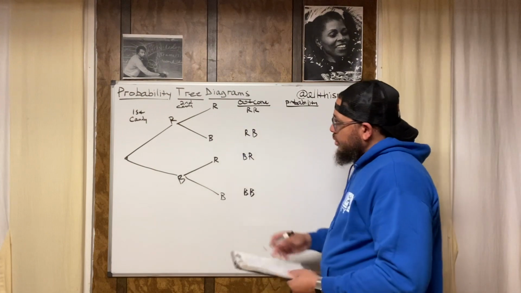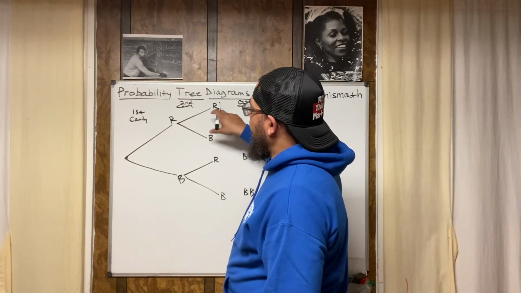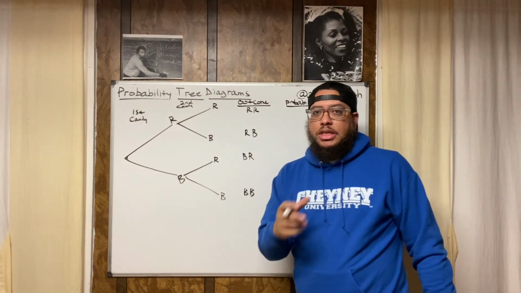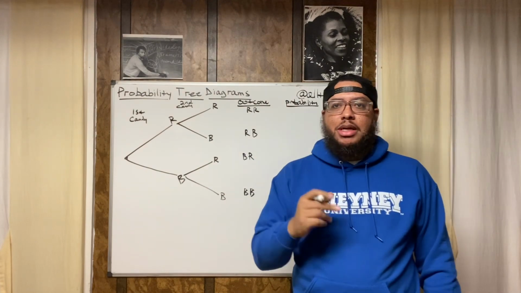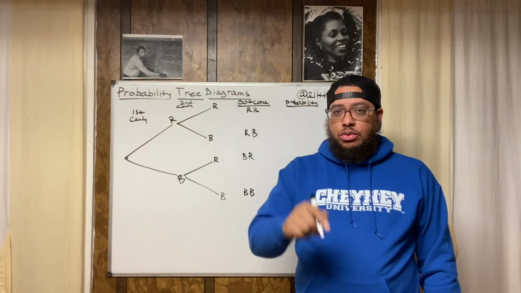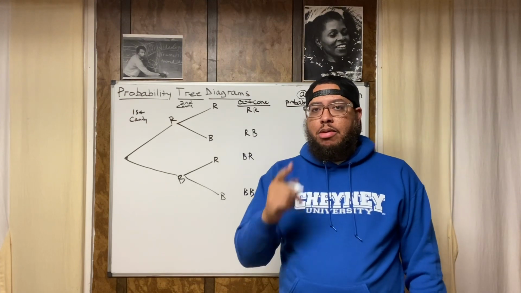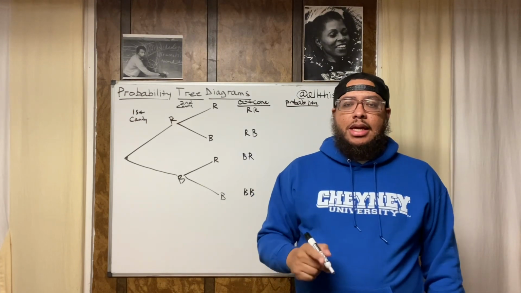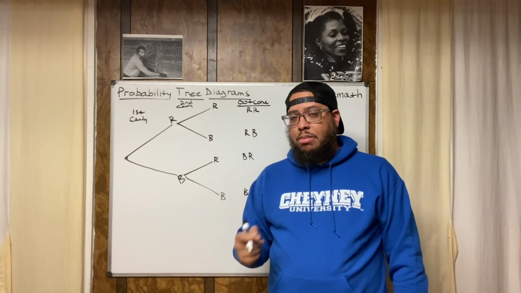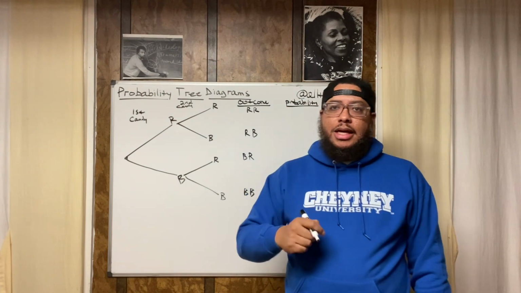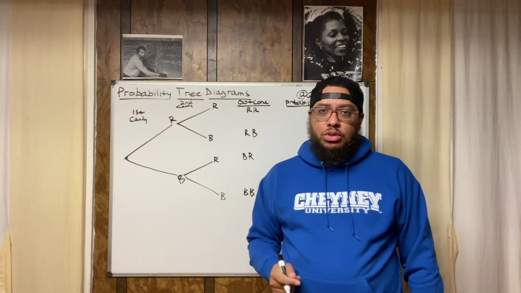Now, to pull out a red candy and a red candy, when we say the word and in probability, that indicates multiplication. You should write that down in your notes. When we say the word or in probability problems, that indicates addition. You should write that in your notes too.